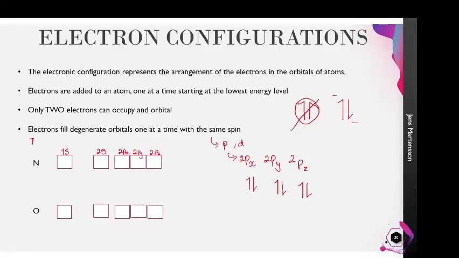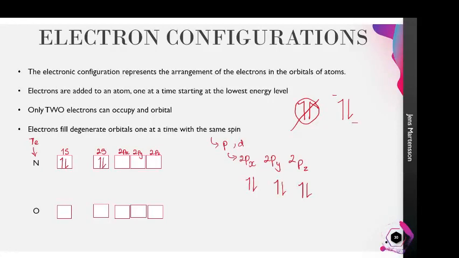The first thing is that we have to fill our 1s orbital. You fill 1, and then we put another 1. That's 2 electrons within our 1s orbital. What we have after will be 2 in the 2s, because it's an s and is not degenerate with the p's. So that's 4 electrons so far.